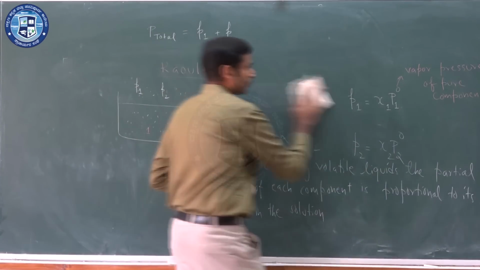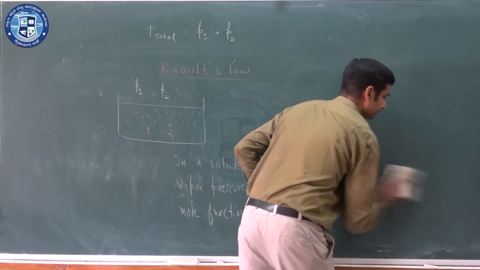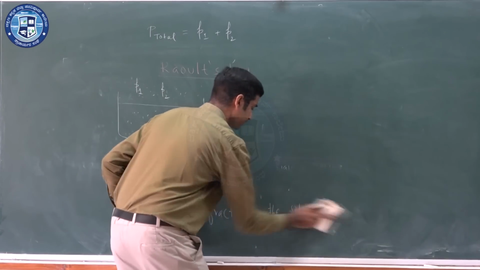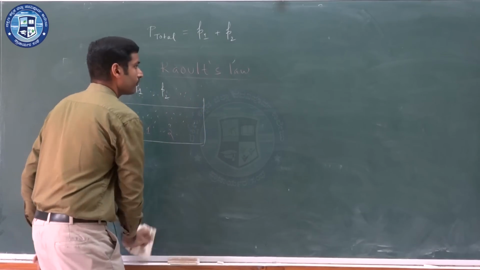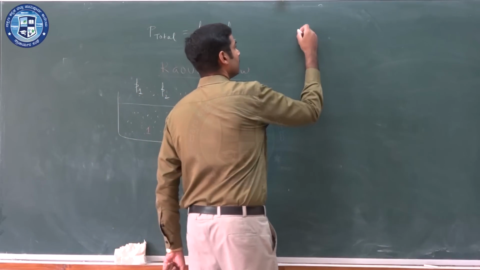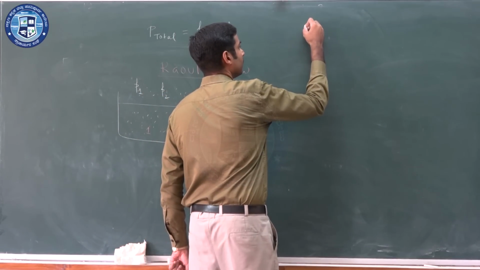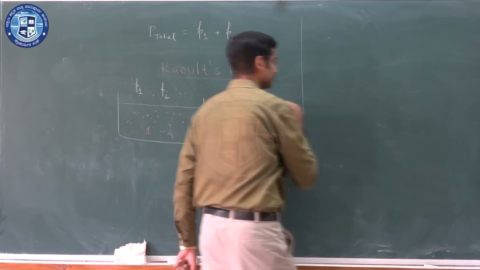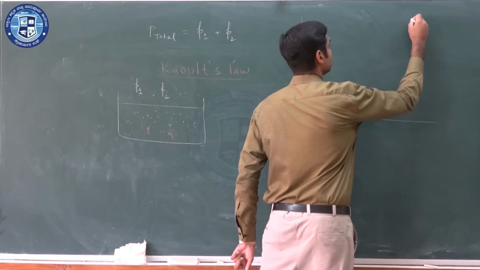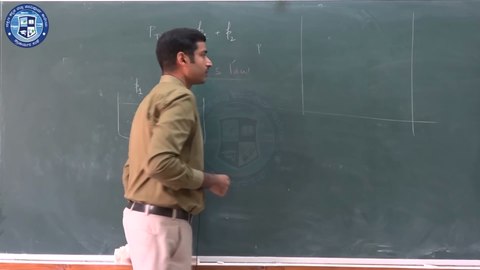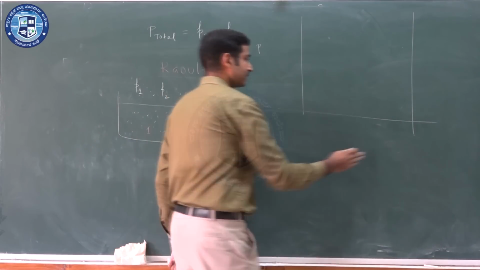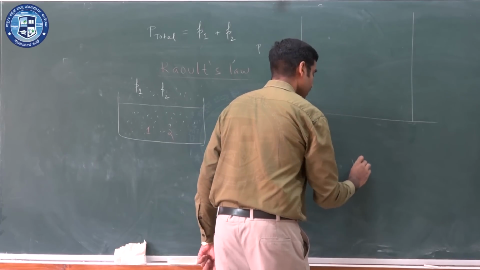If you want to draw a graph which includes both the components, let me take the y axis as the vapor pressure. Along the x axis, let me take the mole fraction.